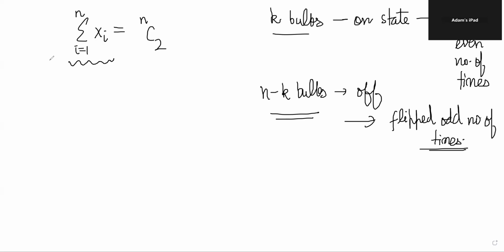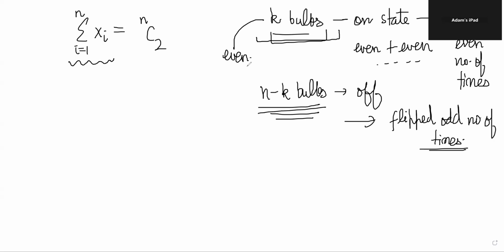The sum of the flips for the K bulbs that started on will always be even, because you're doing even plus even plus even. So the parity of this part is always even, right?